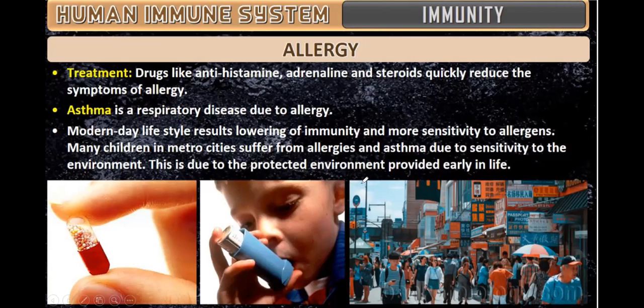This is due to the protected environment provided early in life. So if you are pampering your children too much, there is a problem. You'll become more sensitive. So just go to the playground, play, mix with the people, then you will not suffer from any type of allergy.